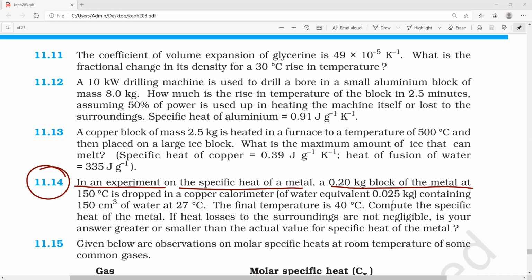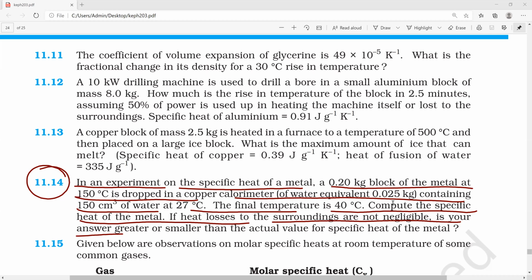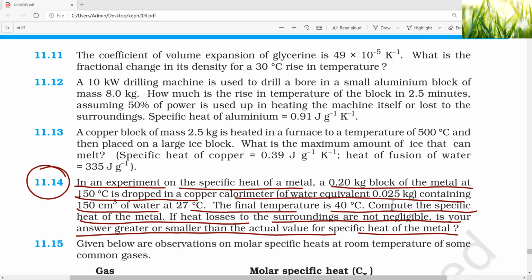Next we shall see 11.14. What have they asked in the question? In 11.14 they ask the question: in an experiment on the specific heat of a metal, a 0.20 kg block of metal at 150 degrees Celsius is dropped in a copper calorimeter, of water equivalent 0.025 kg, containing 150 cubic centimeters of water at 27 degrees Celsius.